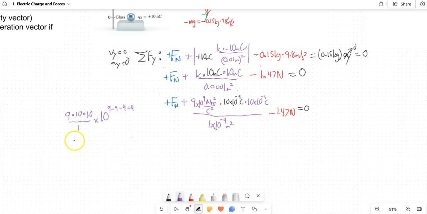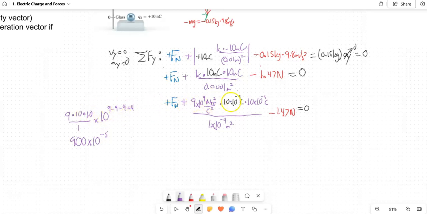So this is 900 times 10, and this is negative 9 plus 4, which is negative fifth. So that's how you do that.